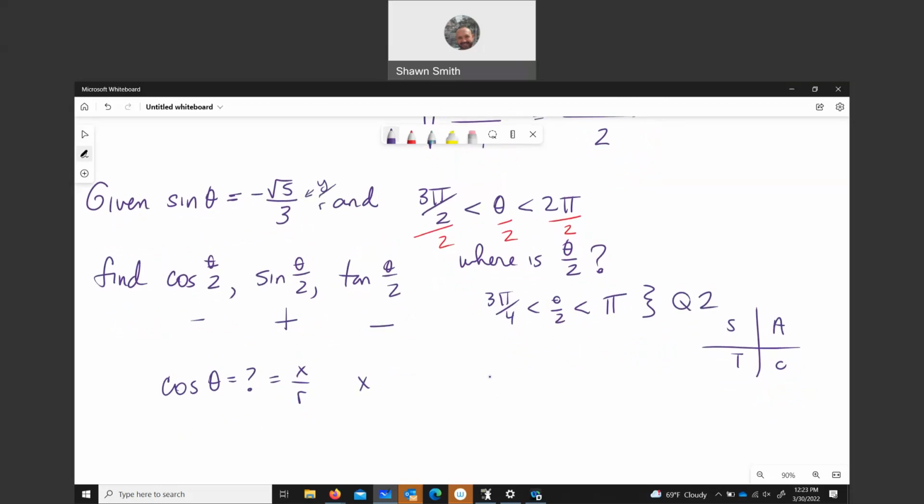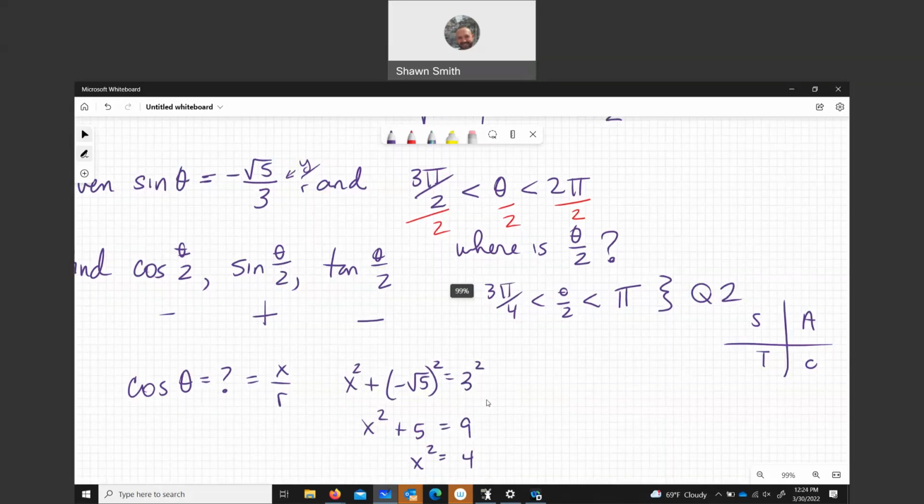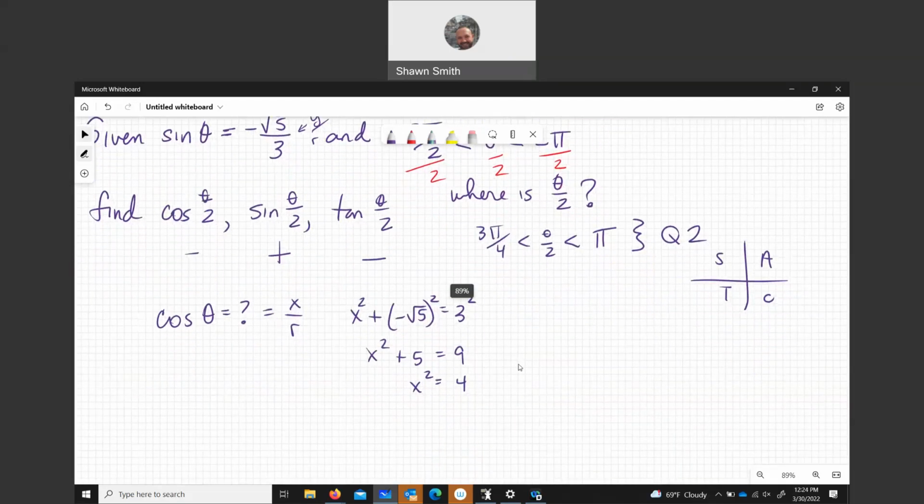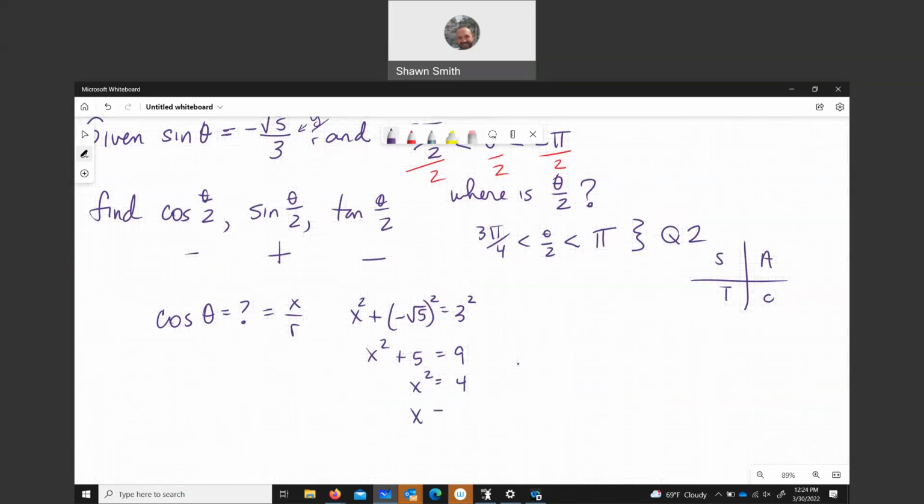So we're looking for x. So x squared plus our y, negative square root of 5 all squared is equal to 3 squared. That's x squared plus 5 is equal to 9. X squared is equal to 4. X is plus or minus 2. Which one is it?